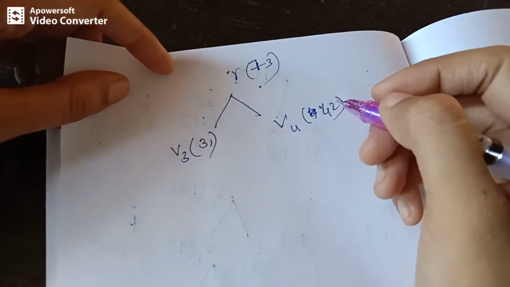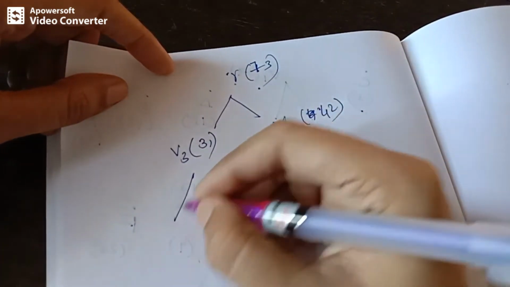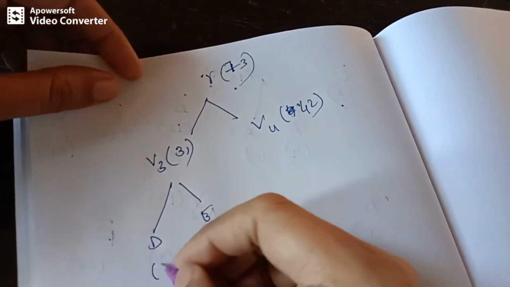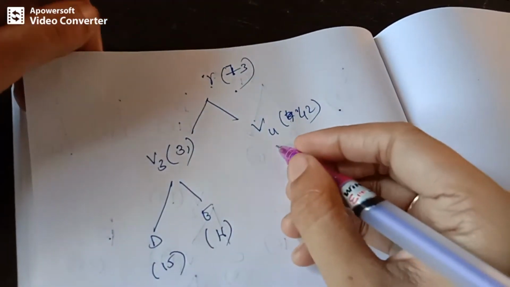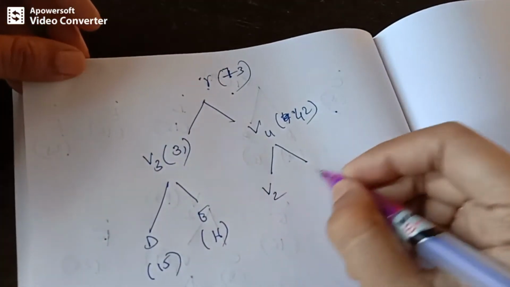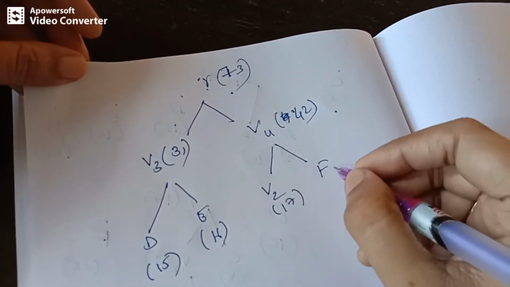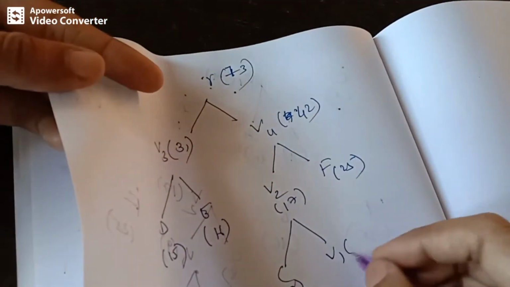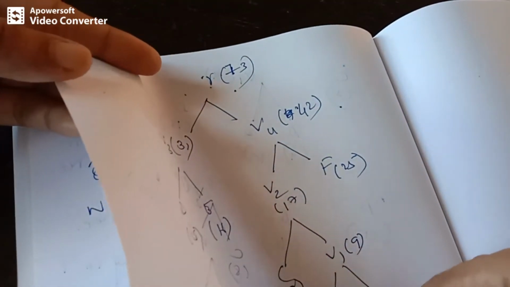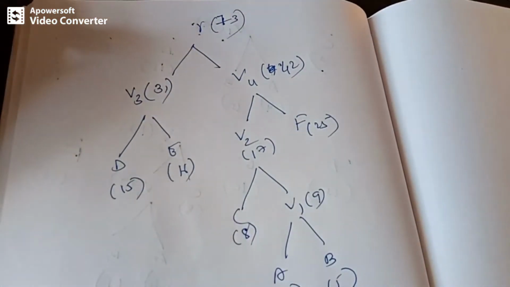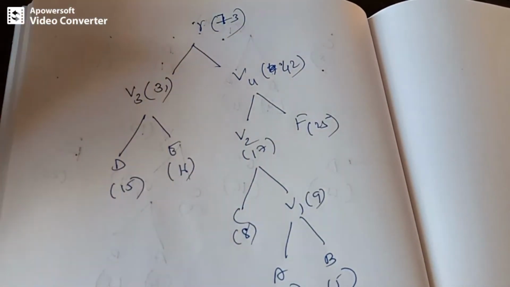V3 has weight 31, and D and E are its children, 15, 16. Vertex V4's children are V2 and F, having 17 and 25. Once again, C and V1, 4 and 5. So this is the final optimal tree.